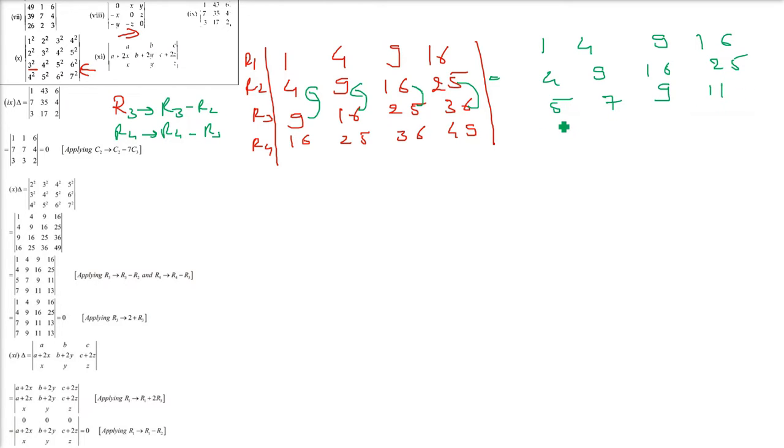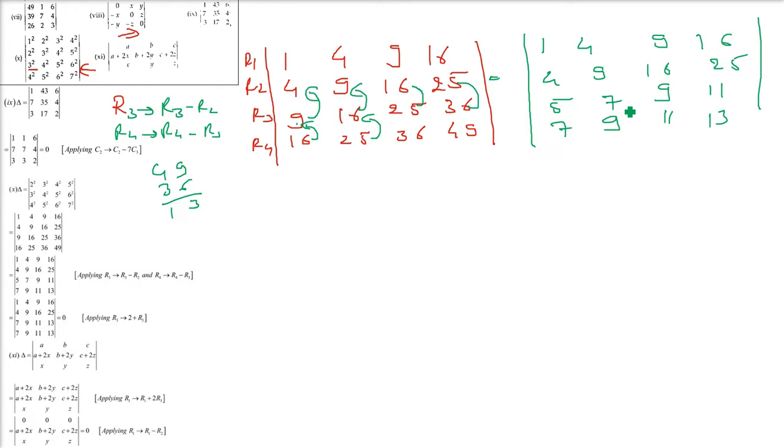In the exam you have to do it one step at a time, but I'm doing it directly for R4 minus R3. So 16 minus 9, 25 minus 16, 36 minus 25 is 11, and 49 minus 36 is 13. Okay.